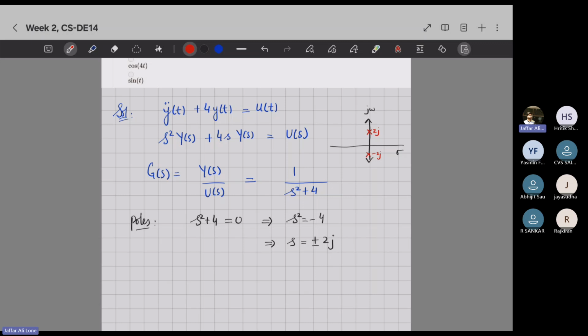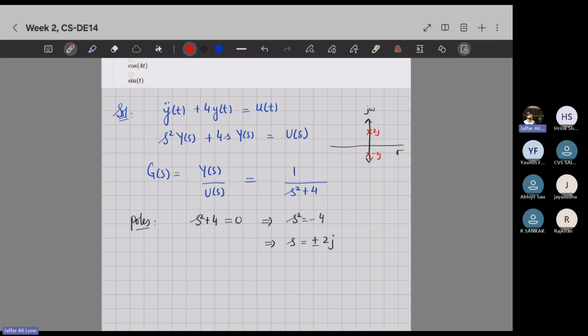For the system to be BIBO stable, the poles should be strictly in the left half plane. The imaginary axis is also not considered in that case. But in this case, the poles are on the imaginary axis. The system is not unstable as of now, because by the definition we studied in terms of poles, with poles on the imaginary axis the system is marginally stable.